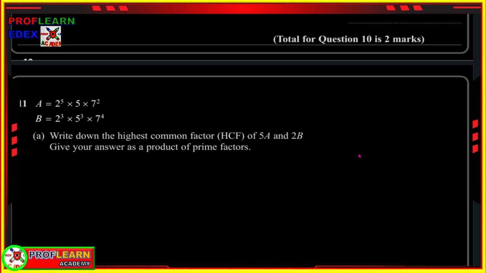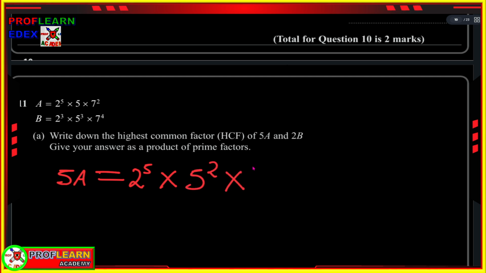And if we are writing 5a, of course our 5a is going to be written as 2 raised to power 5 times 5 raised to power 2 times 7 raised to power 2.